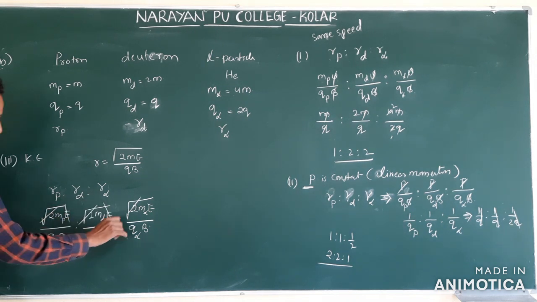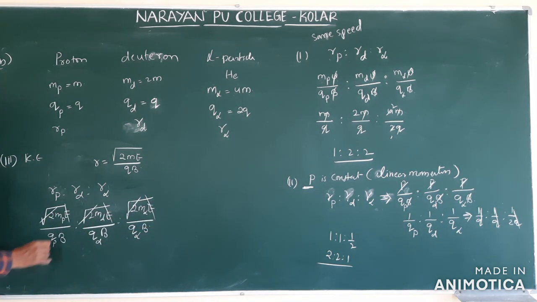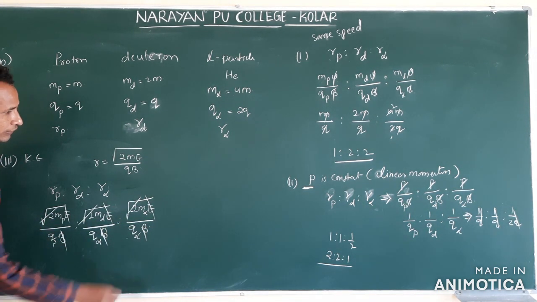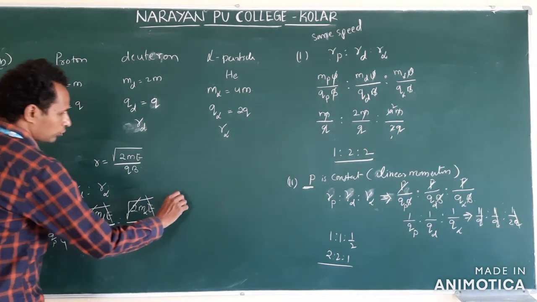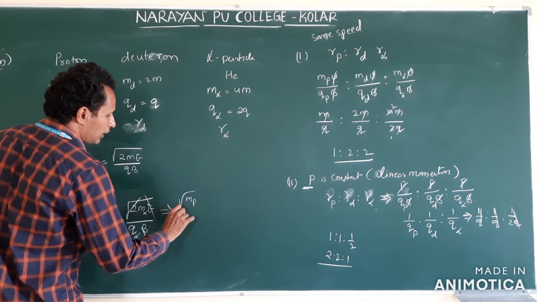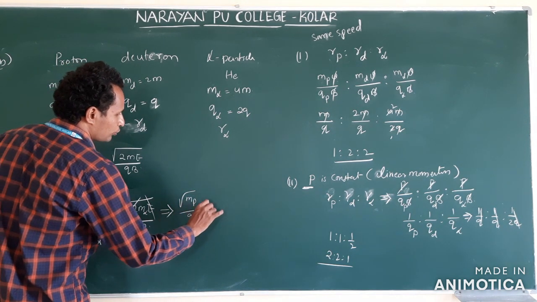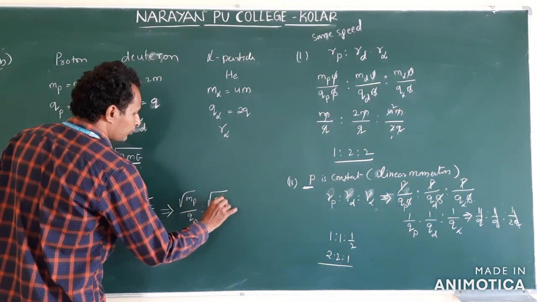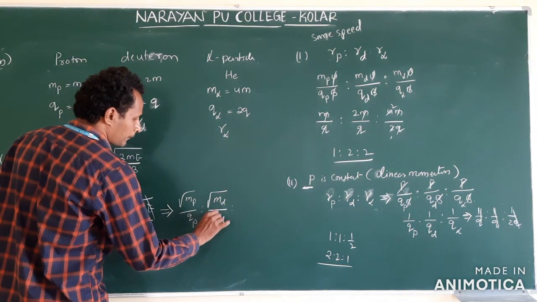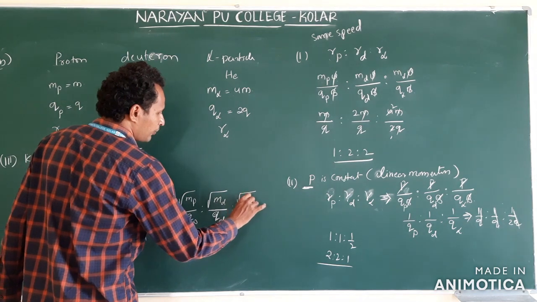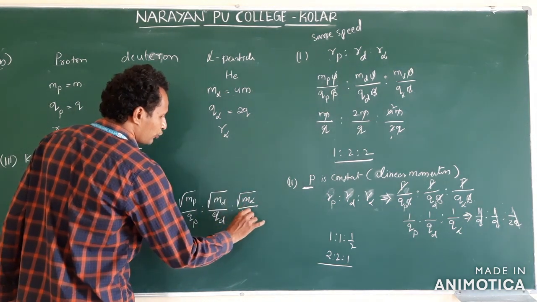Root E cancel. B cancel. Now we have what terms? Root M_P by Q_P is to root M_D by Q_D is to root M_alpha by Q_alpha.